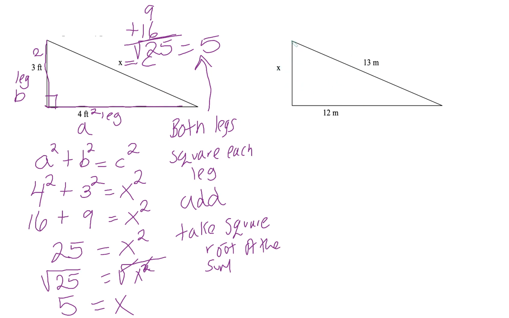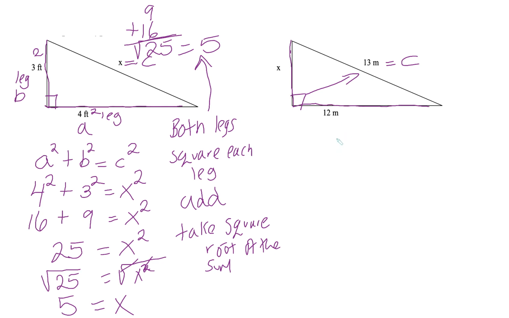Now I know that the legs make the right angle. So I am missing a side, which means when you take an arrow from the right angle to this side, that 13 is your C, which is the hypotenuse.